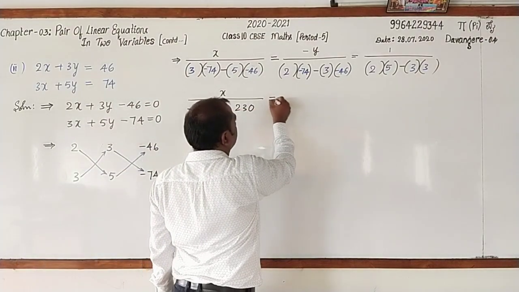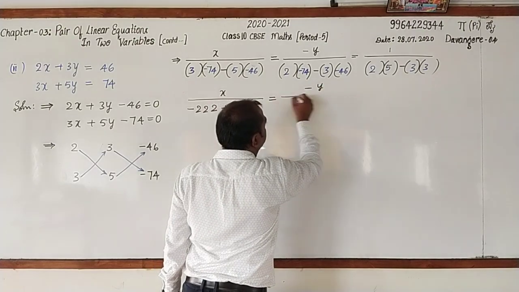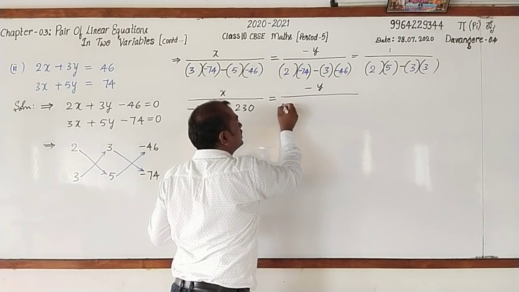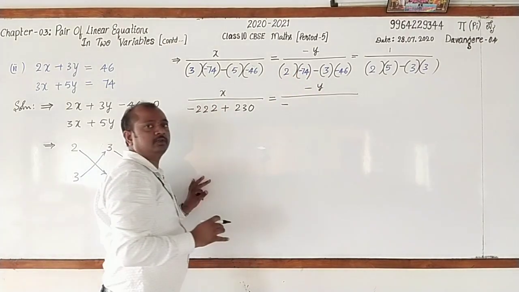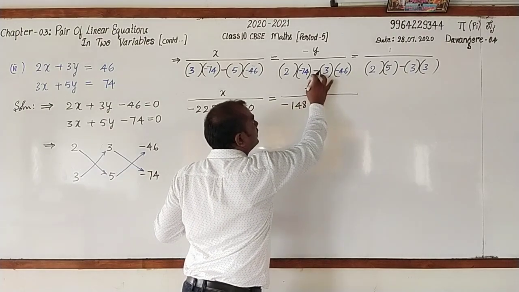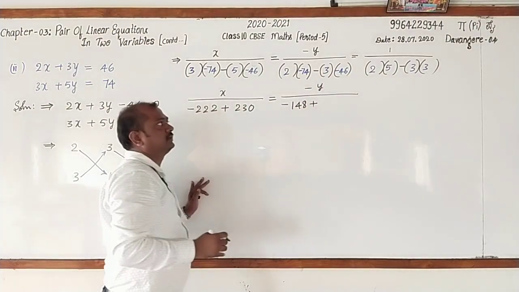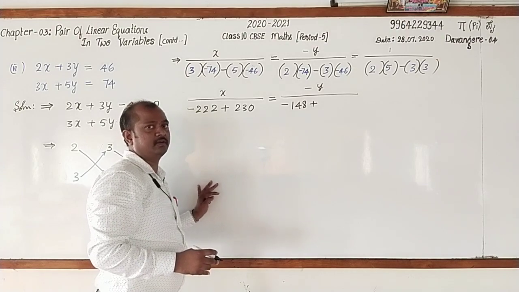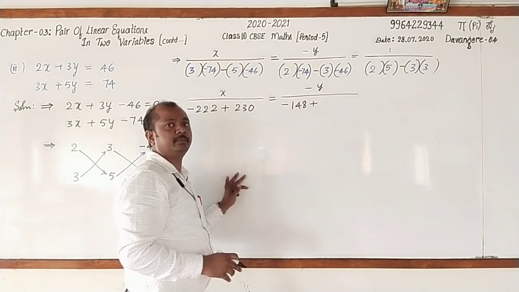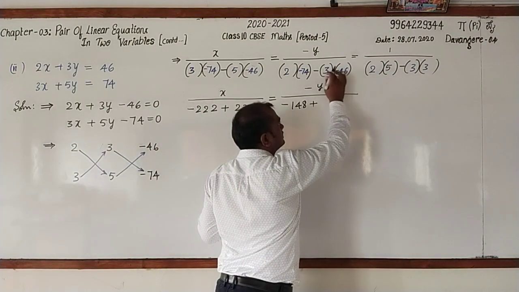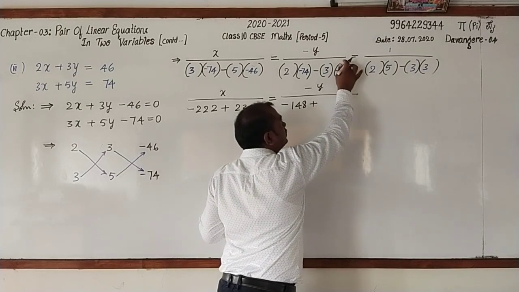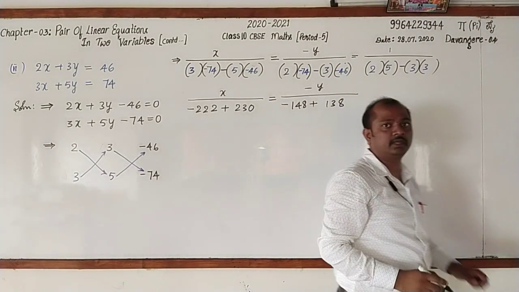This is equal to minus y by: multiply 74 times 2, minus 74 twos are 148. Minus into minus, plus 46 times 3: 3 fours are 120, 6 threes are 18, 120 plus 18, 138. Or else as usual method, 3 sixes are 18, carry 1, 3 fours are 12 plus 1, 13, 138.